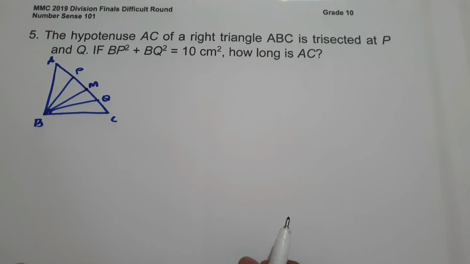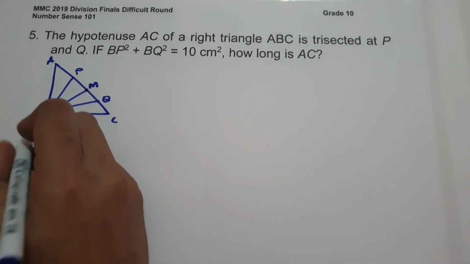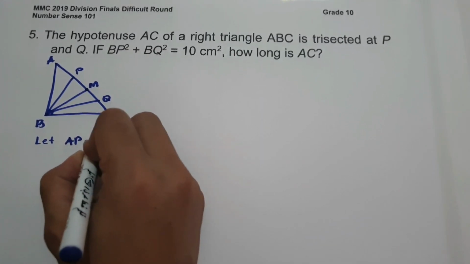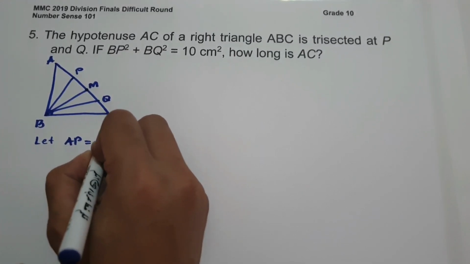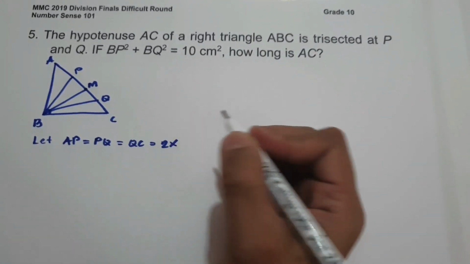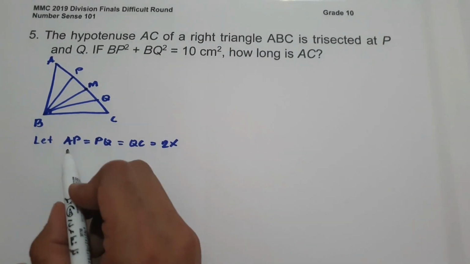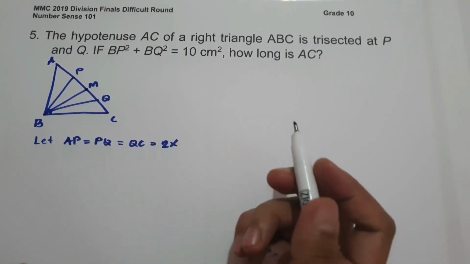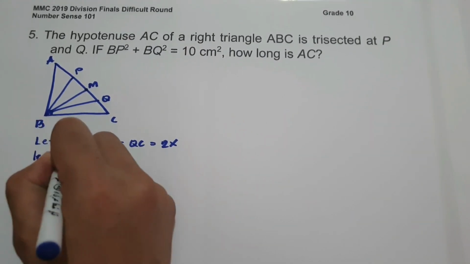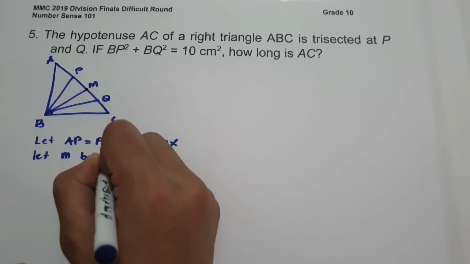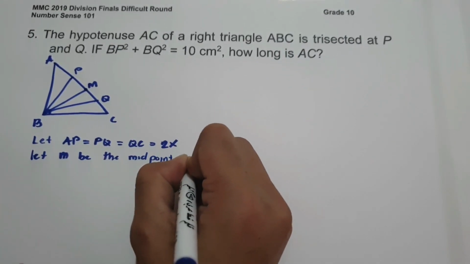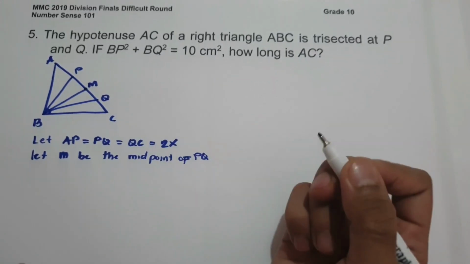So what are we going to do? So let AP equals PQ equals QC equals 2x. So we are going to represent AP, PQ, QC as 2x. At the same time, let M be the midpoint of PQ.